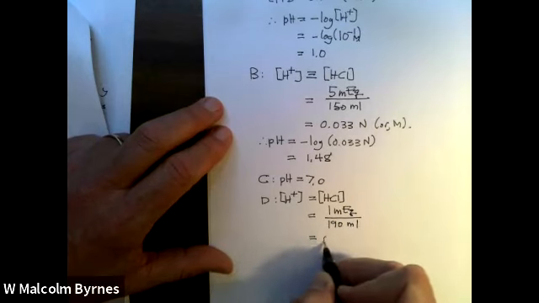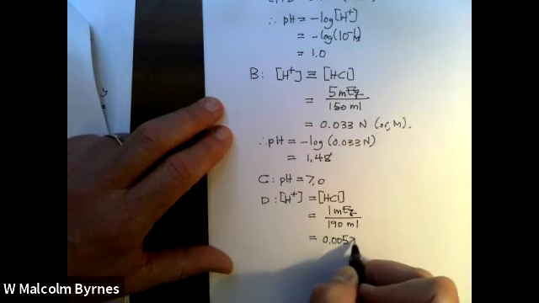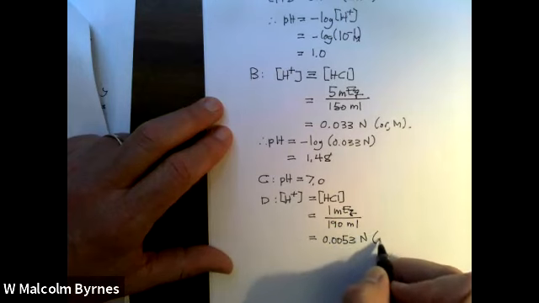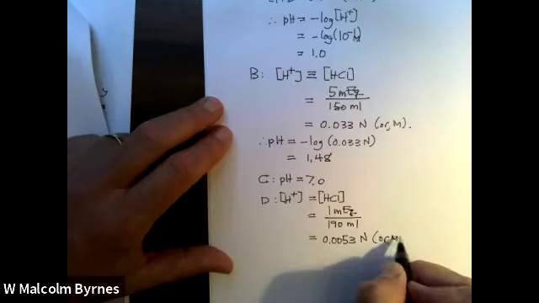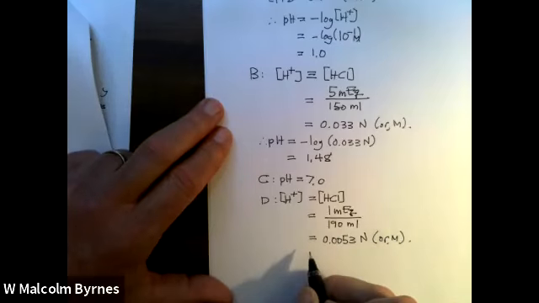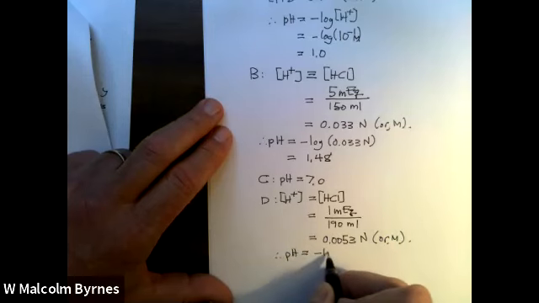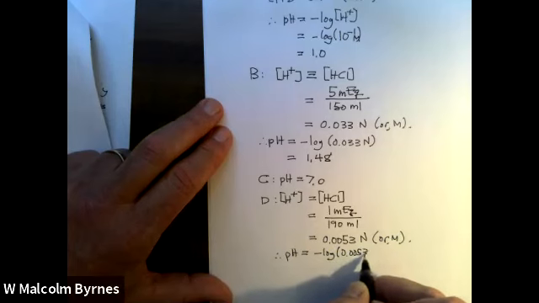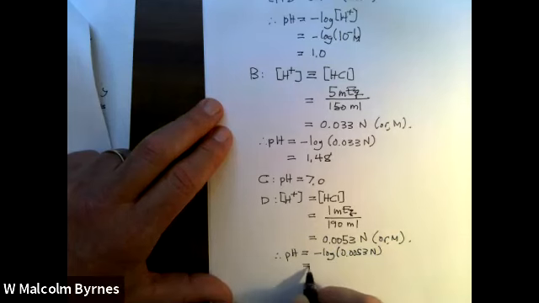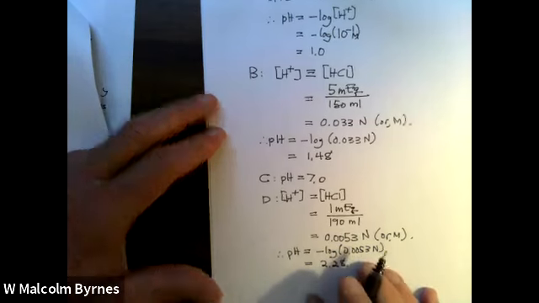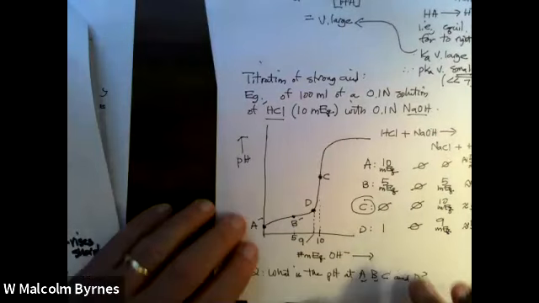So that's what? 0.0053 normal or molar. And so the pH then is equal to the negative log of 0.0053 normal. It's just equal to 2.28. That was at point D when we titrated 90%.